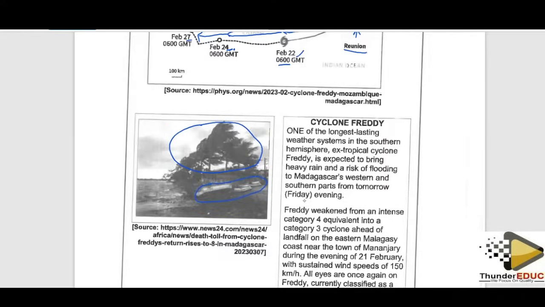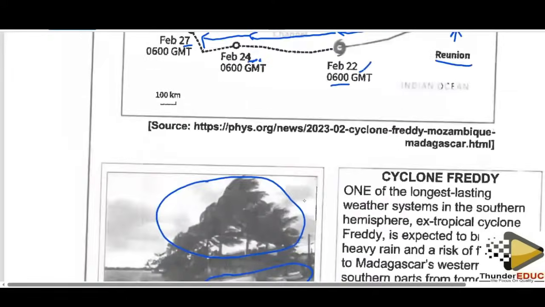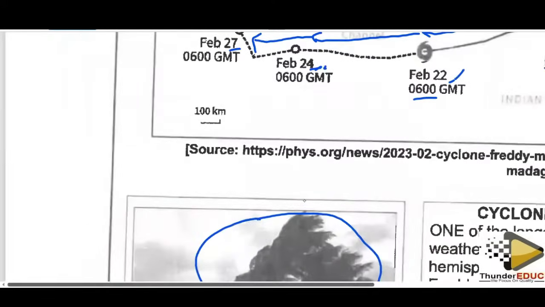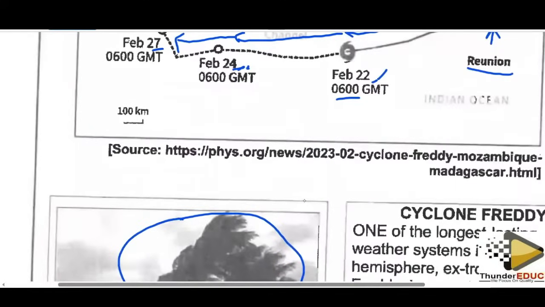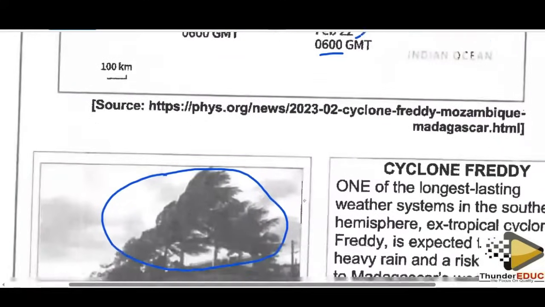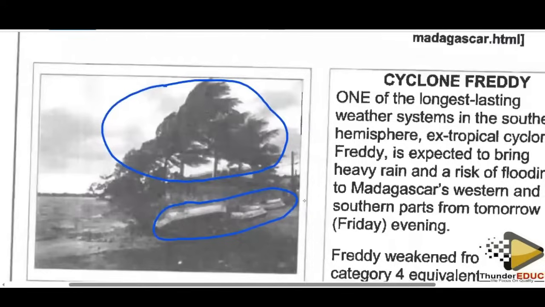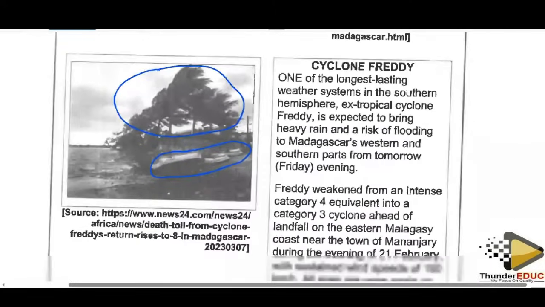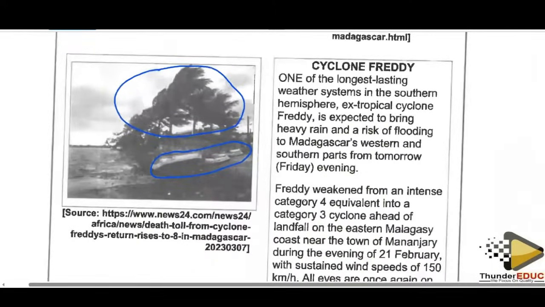They look upside down, which as well indicates it. If I zoom in, you can see that these are boats, but they look upside down, and that's not the case, right? So this is evidence that something was happening there related to Cyclone Freddy.